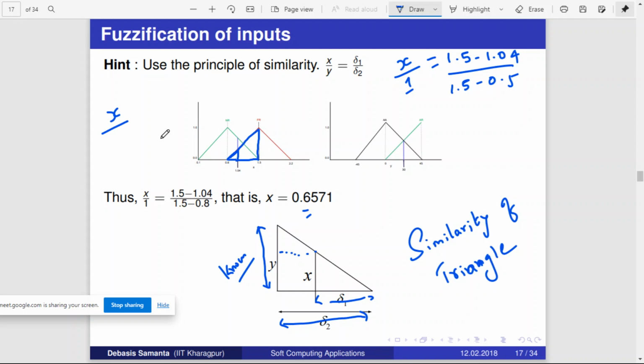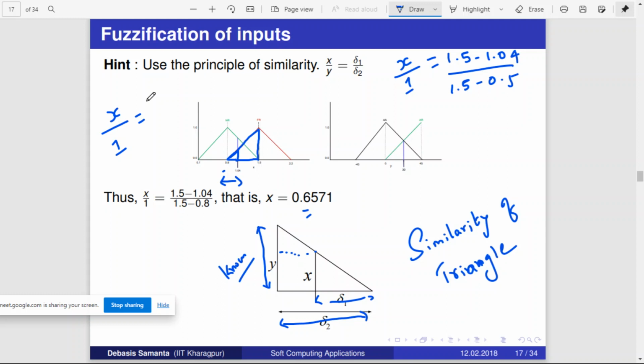What is the difference between these two? This is 0.5, this is 1.04. So this is 1.04 minus 0.5, divided by delta 2.